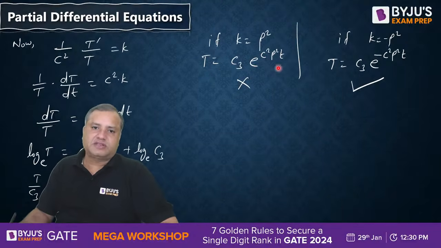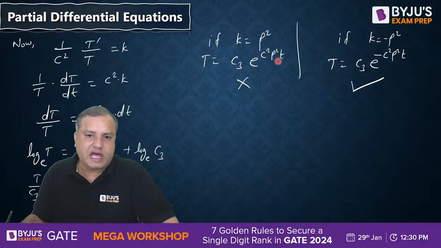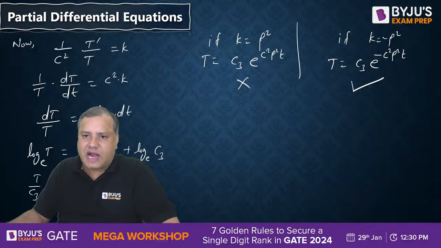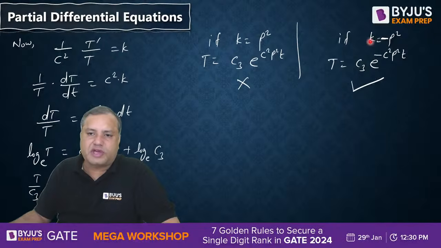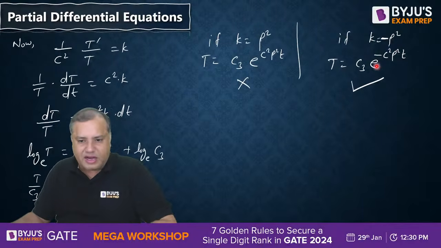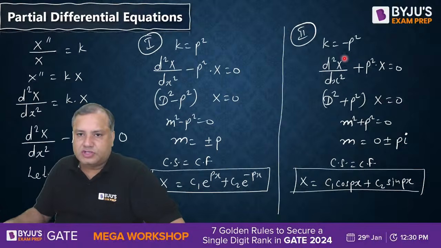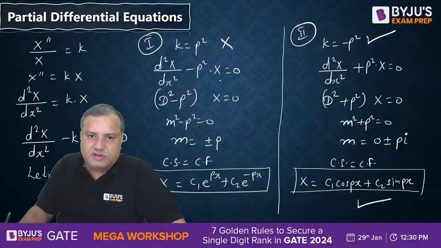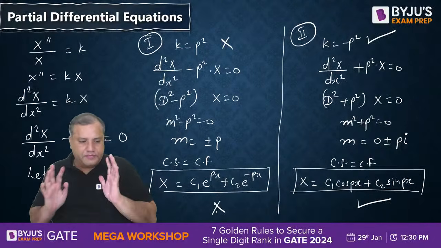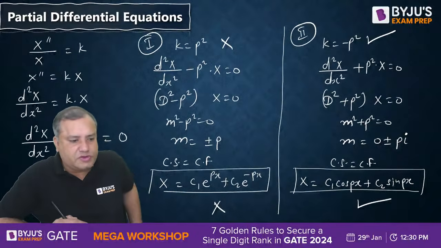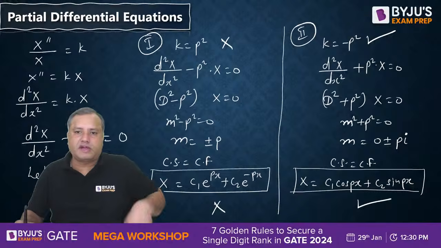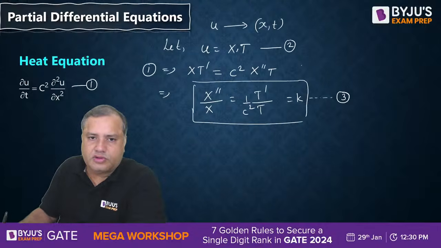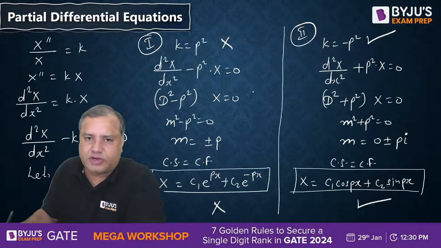So we rejected this solution because the physical scenario is not allowing us to do this. So ultimately, you need to consider that solution which corresponds to k equal to minus p square, here and on the previous slide also. This solution is selected. This one is rejected. Okay, understood? So we need to select the solution corresponding to k equal to minus p square. We know that u equal to x into t.